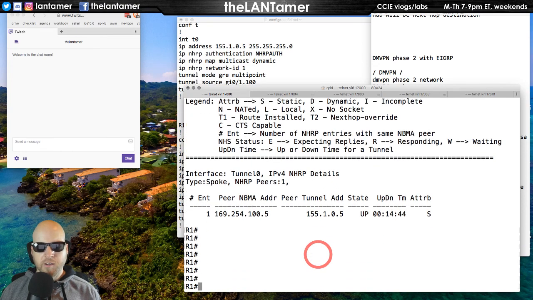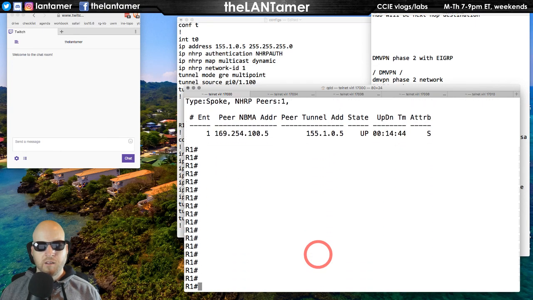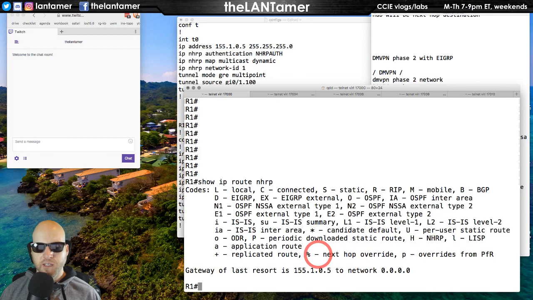Of course, there we go. I tell you, NHRP really does act a lot like some of the other routing protocols. So now if we do show IP route, we don't have any. We do have a gateway of last resort. That's kind of cool.